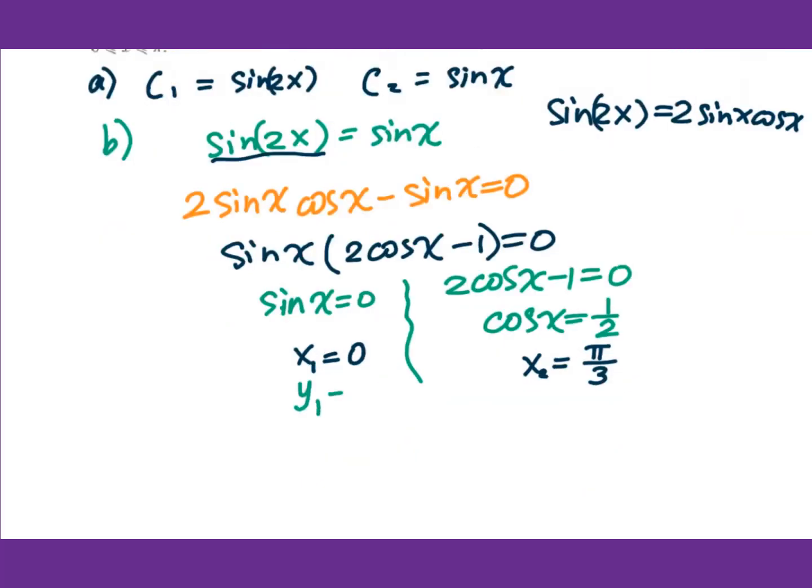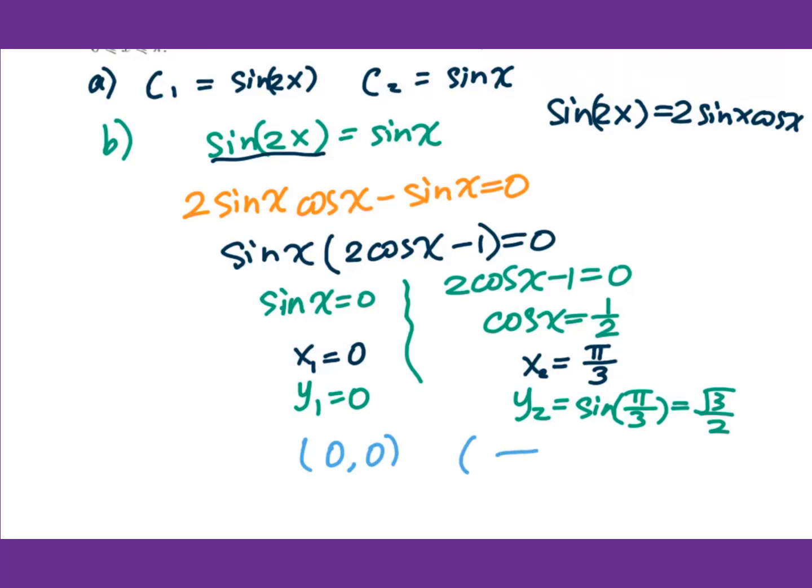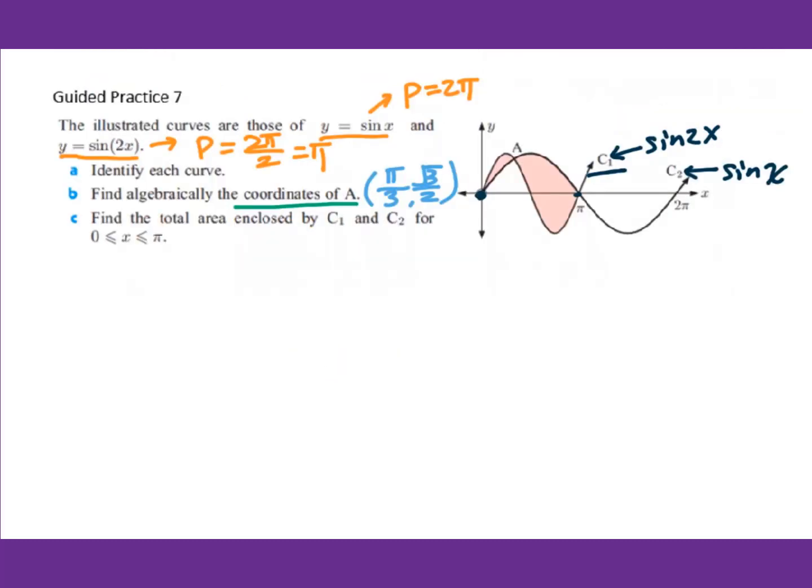For y1 definitely equal to 0 and y2 equals sine pi over 3. That is square root of 3 over 2. So we have coordinates 0, 0, and pi over 3, square root of 3 over 2. Now let's go to C.